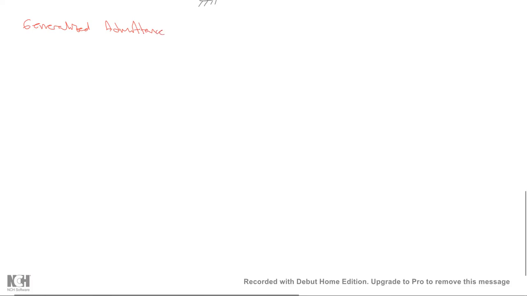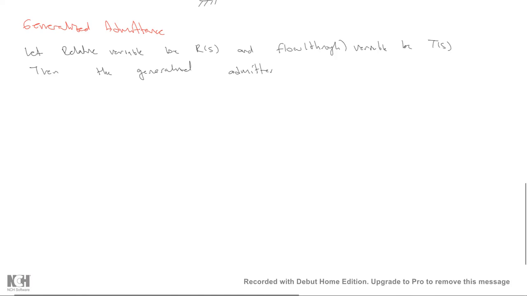If in a particular domain we let the relative variable in the S domain be R of S and the flow or through variable be T of S, then the generalized admittance is defined as Y of S equals the flow variable T of S over the relative or across variable R of S.